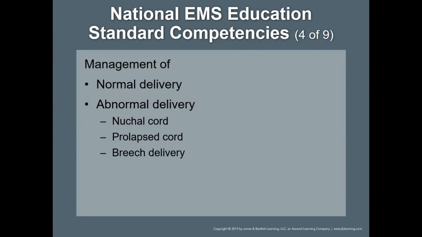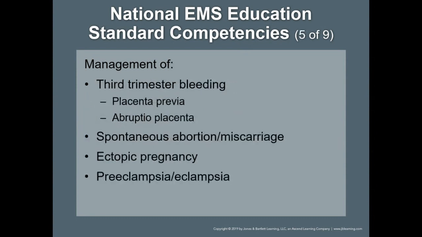Now, as far as management, we're going to look at both normal and abnormal deliveries. And when we look at abnormal deliveries, we're going to be looking at nuchal cords, prolapse cords, and breech deliveries. If they are not managed properly, it can be bad for the baby. Now, we're also going to be looking at management of third trimester bleeding.